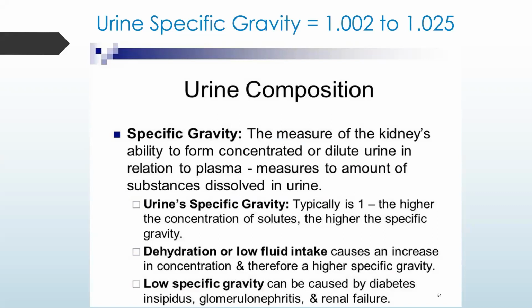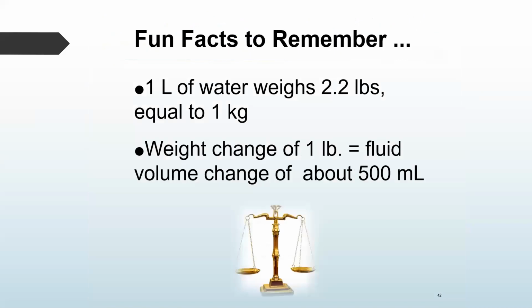Daily weights are the most accurate measure of volume status. 1 kilogram, which is 2.2 pounds, is equal to 1,000 milliliters. Therefore, 1 pound of fluid volume change is about 500 mL.